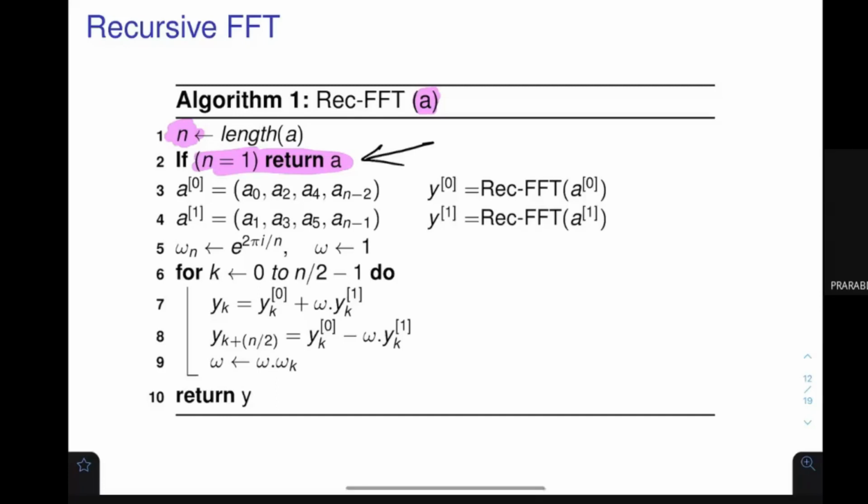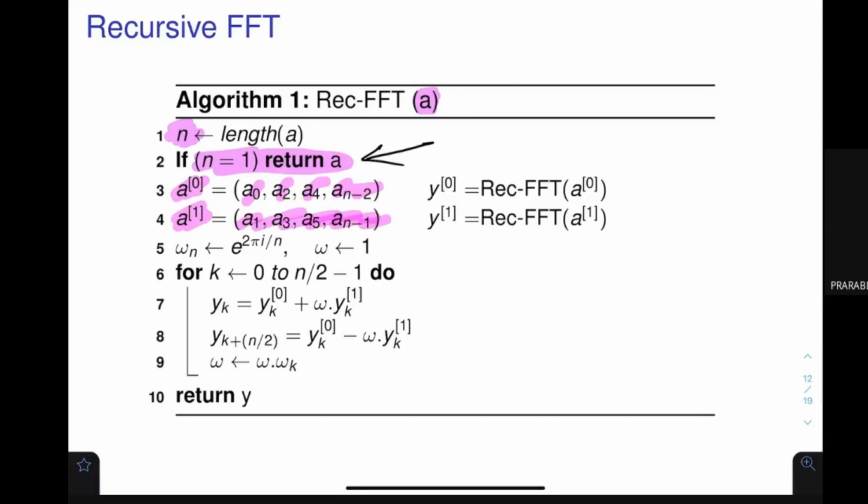Otherwise, you split into a0 and a1. These are the two parts. First, where you have the even-indexed coefficients, then second, where you have the odd coefficients.